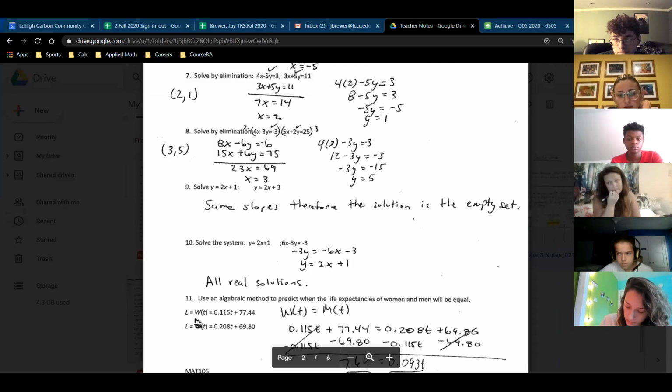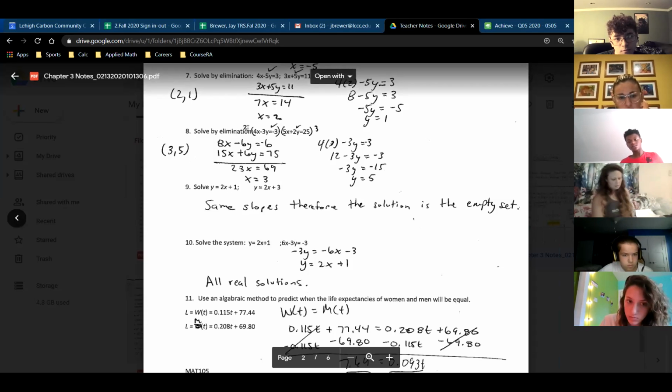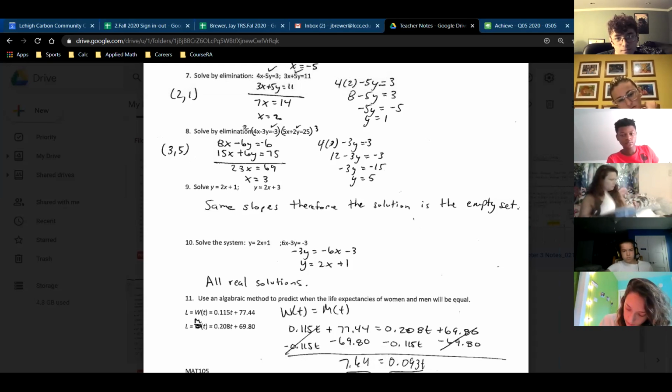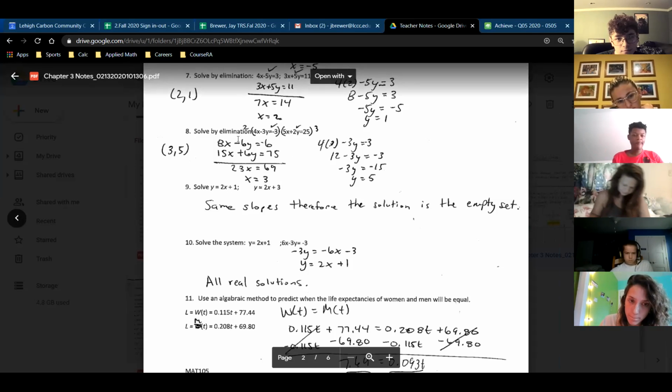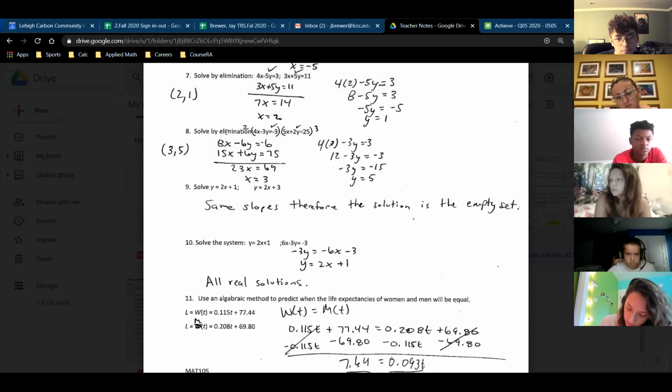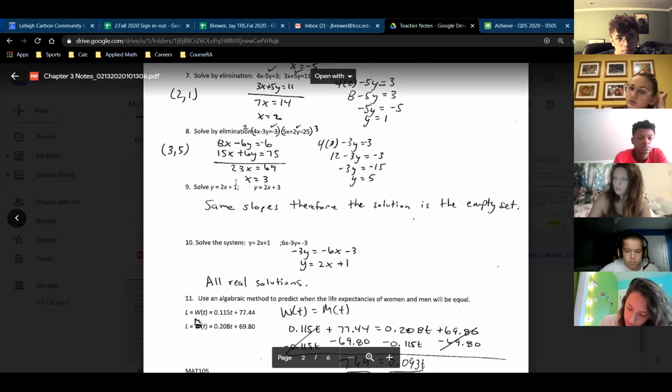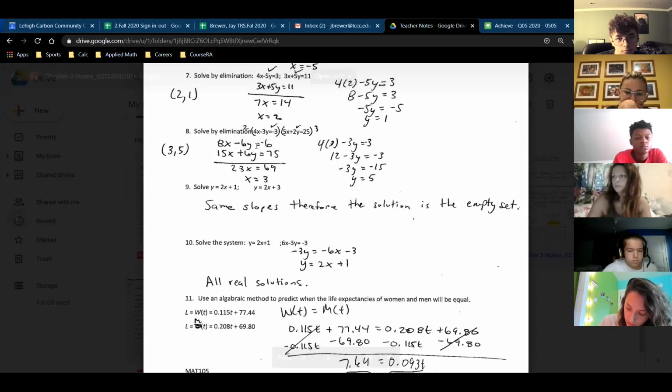In number 8, if you're adding, why is it 8x minus 6y? Because in order to be able to do elimination for this one, you have to get one of your coefficients, either your x coefficient or your y coefficient, to be the same in order to eliminate them.